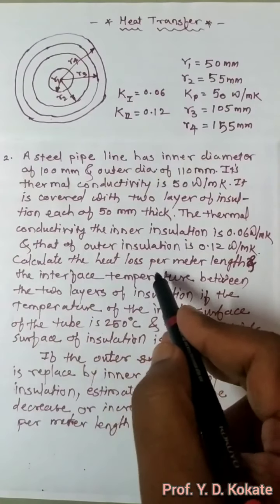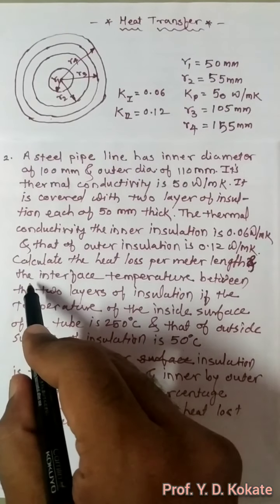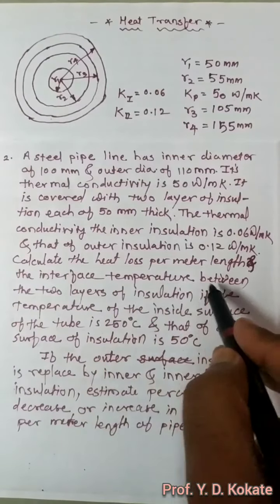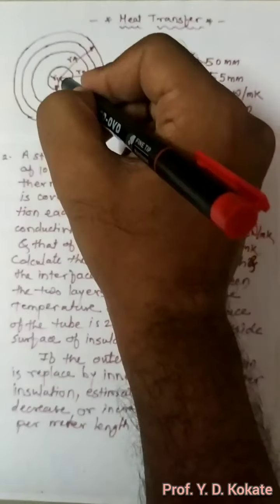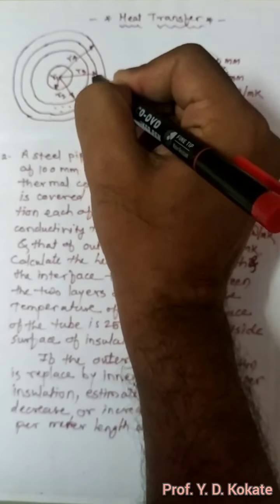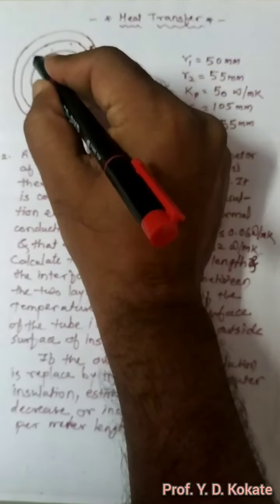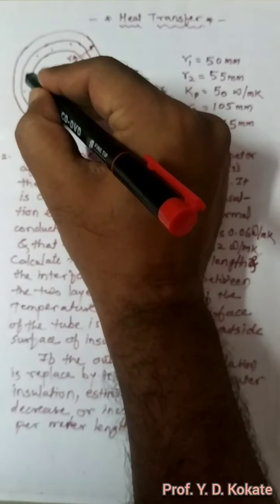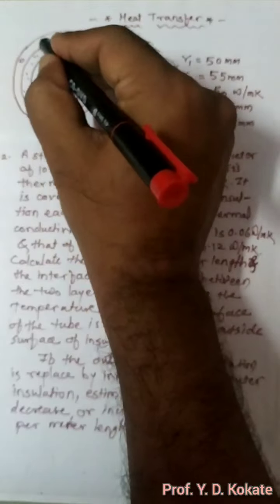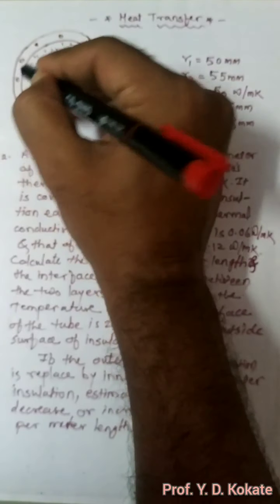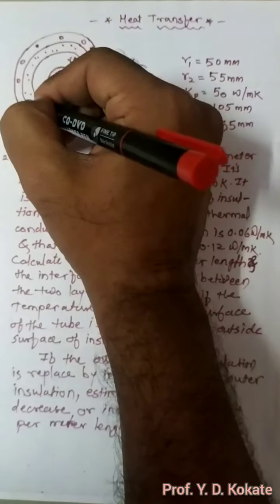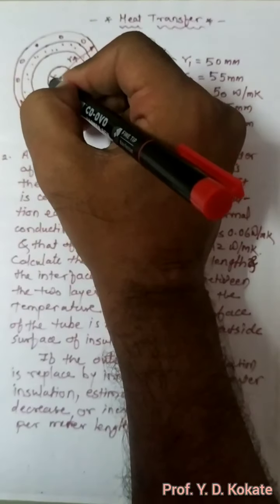Calculate the heat loss per meter length and the interface temperature between the two layers. Now intentionally I drew some dots over here so that you will get the first insulation, and here somewhat rounds, so you will get the difference. In between these I will first of all give the numbers.